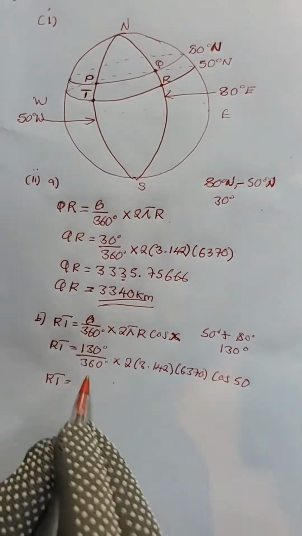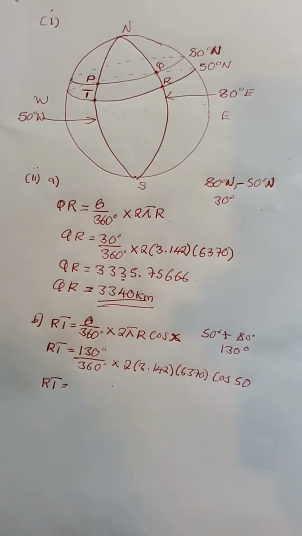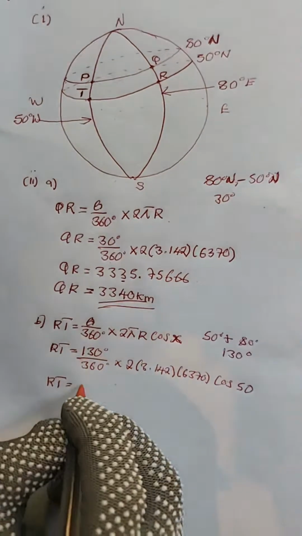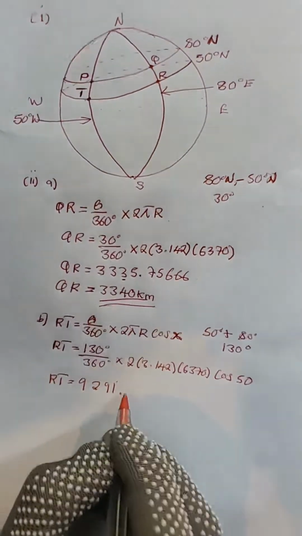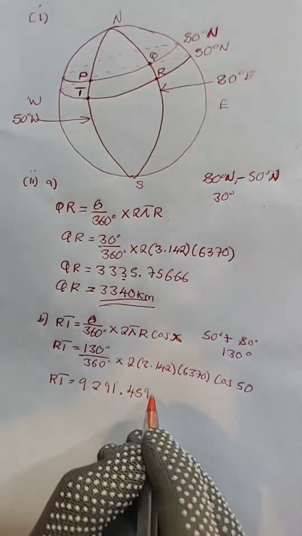Then RT is equals to, punch these on your calculator, and we're going to say 130 divided by 360 times 2 times 3.142 multiplied by 6370 cos 50, and this is giving me 9,291.4599.